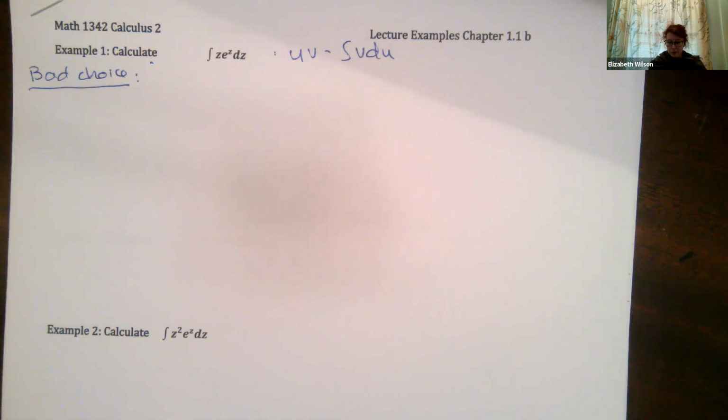A lot of it is just practice, and I can't remember the mnemonic. So I always just remember what the things are that I look for, and I go down this path and it's not the right one, and then I have to backtrack and try the other one. So we're going to ask ourselves questions along the way that will tell us whether or not we're making the right decision. Okay, so my bad choice.